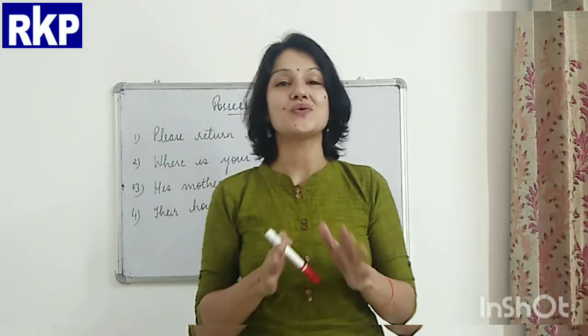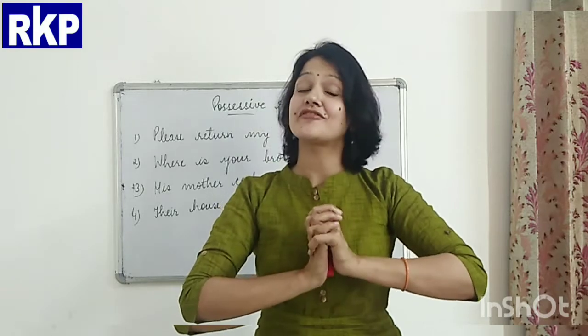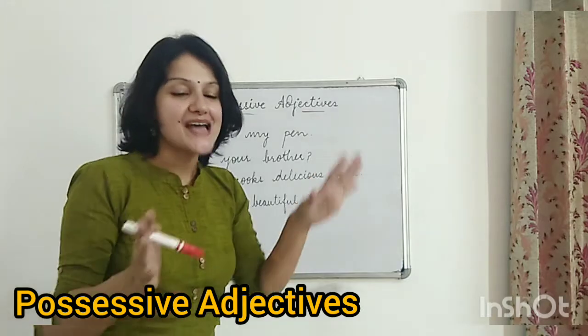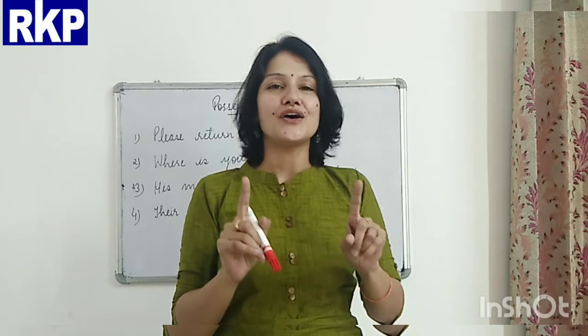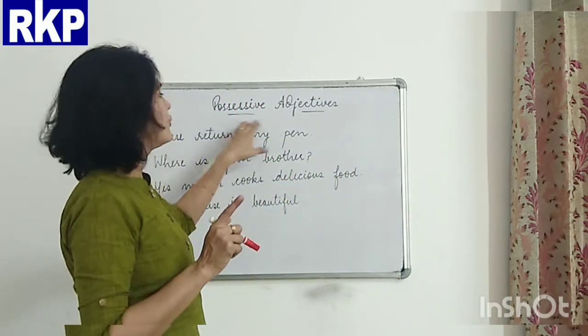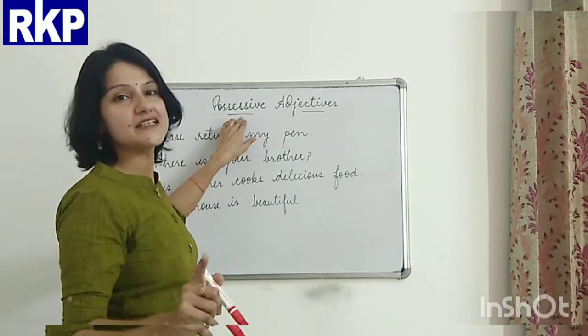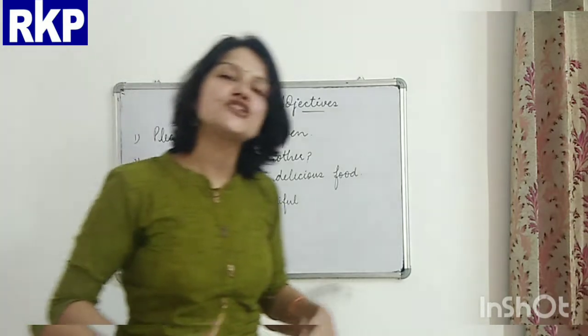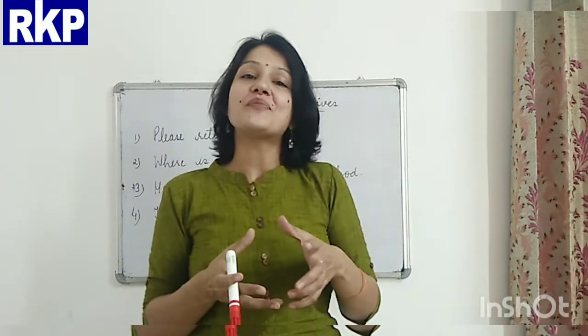And now I will tell you about the next kind of adjectives, that is possessive adjectives. As I always say, whenever you read something, a lesson or a poem or any grammar topic even, always go to the title first, and half of the information you will be able to generate from there only.